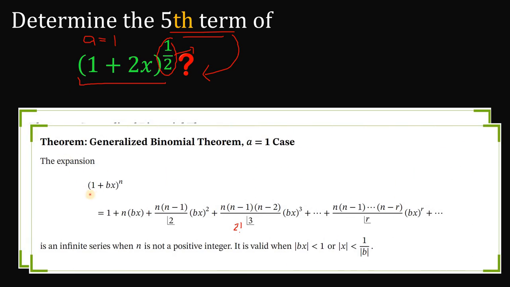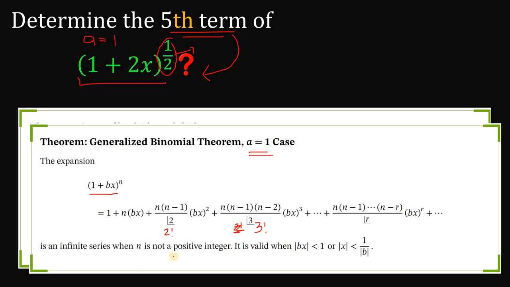The expansion of (1 + bx) raised to the power of n is equal to 1 plus n times bx plus n times (n - 1) over 2 factorial times (bx) raised to the power of 2 plus n times (n - 1) times (n - 2) all over 3 factorial times (bx) raised to the power of 3, and so on and so forth.